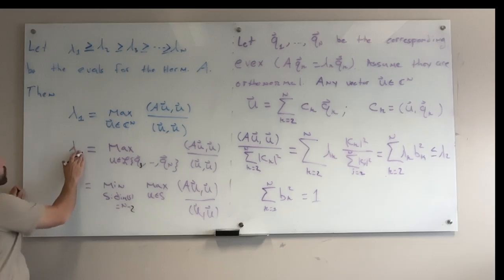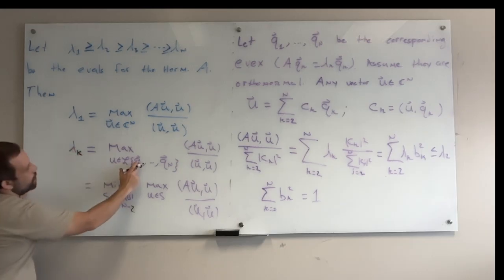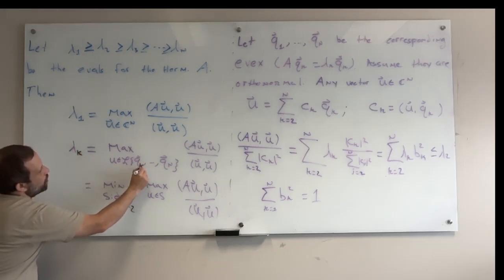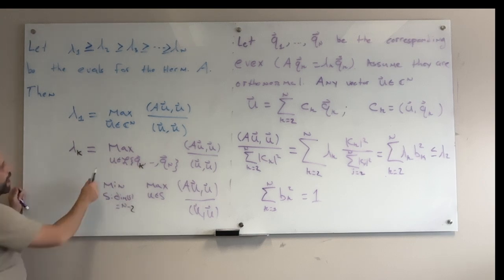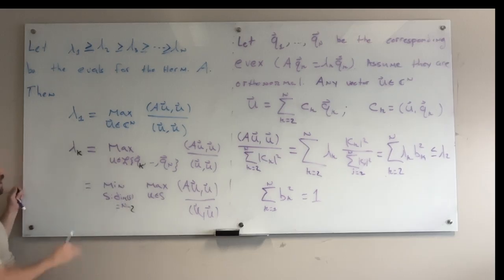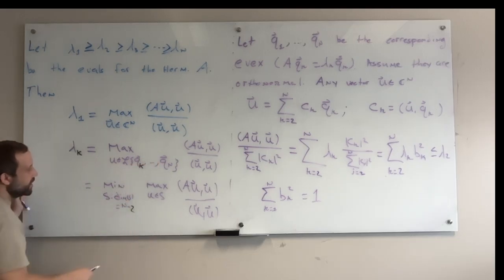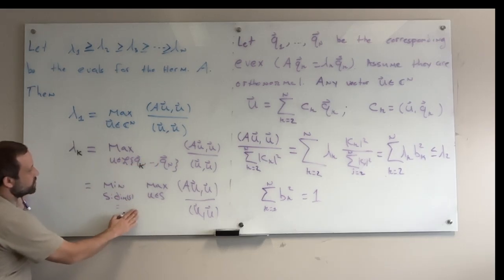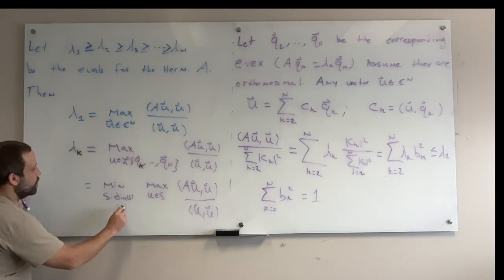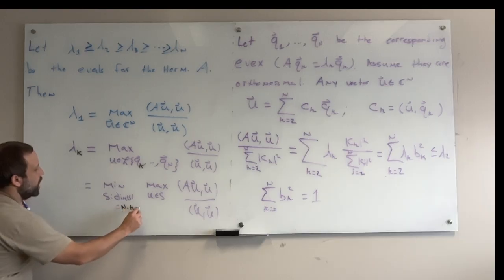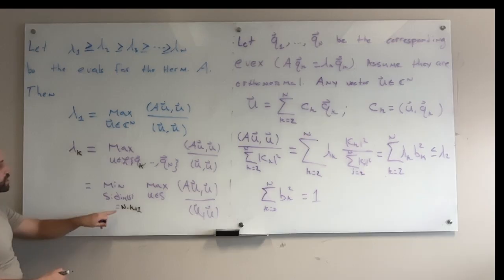And so in general, for lambda k, we're going to look at the maximum over u in the subspace spanned by Qk through Qn and form this. Or another way to think about this is this min-max principle. So it's going to be n minus k plus 1 dimensional subspaces, and we're going to look at all of these subspaces here.